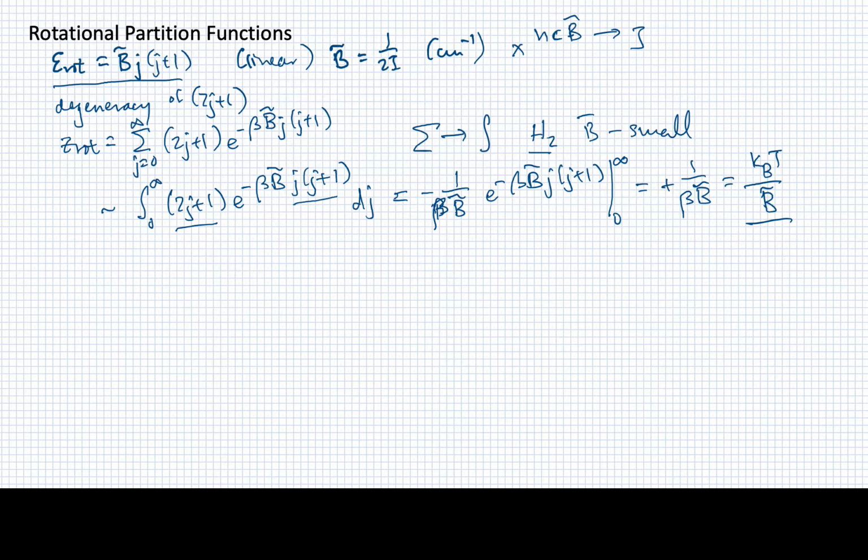Now one thing I need to add to this compact result is that this would be true if my linear molecule did not have an element of symmetry to it. Something like HCl would be an example of a molecule that does not have an element of symmetry. H2, on the other hand, does, because when I rotate half the way around, I end up with a molecule that is indistinguishable from the original molecule. This is a formality, a rather picky point, but it means that when we define our rotational constant, we need to take this symmetry into account.